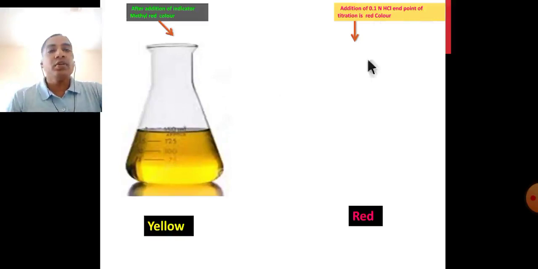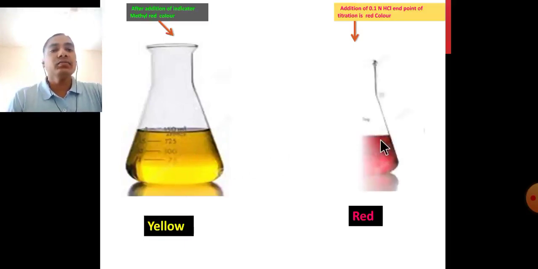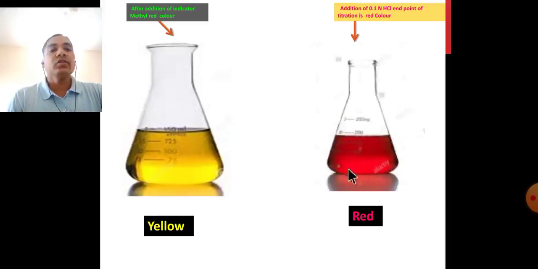This is for the 10 ml solution of fertilizer, and similarly the blank titration of NaOH, colorless solution to red color. This is after titration: the end point is yellow to red color.